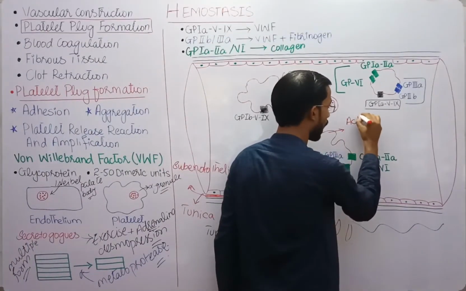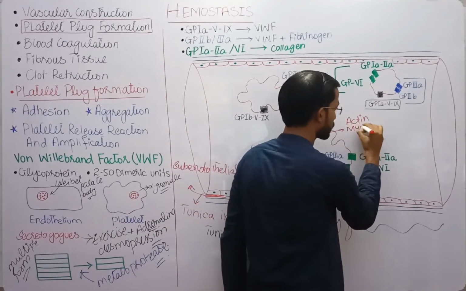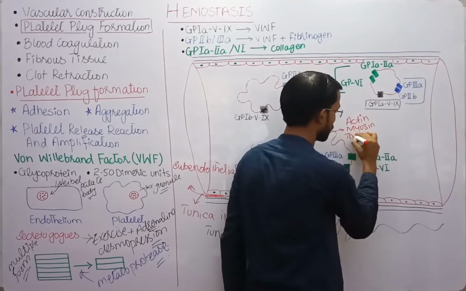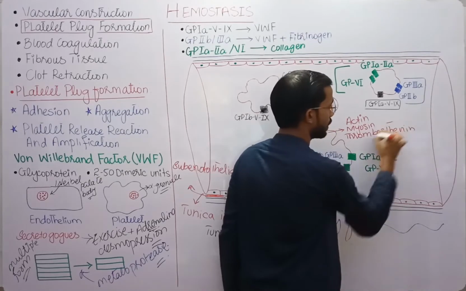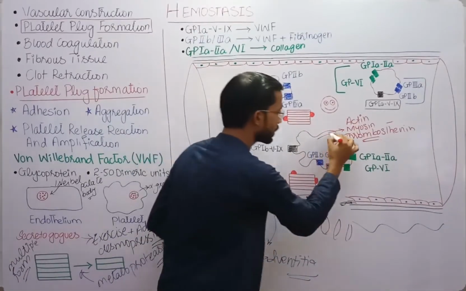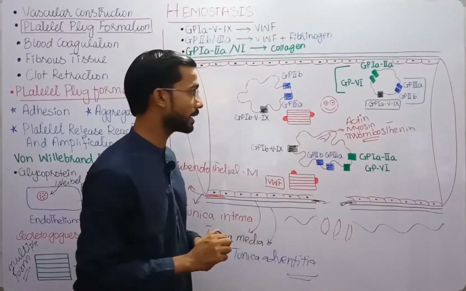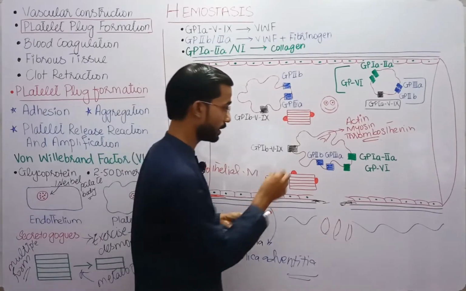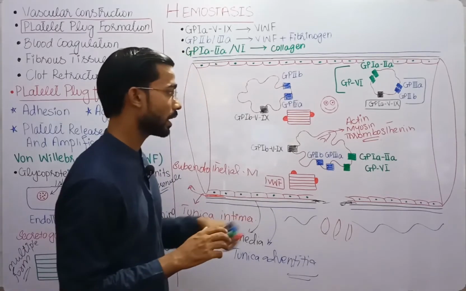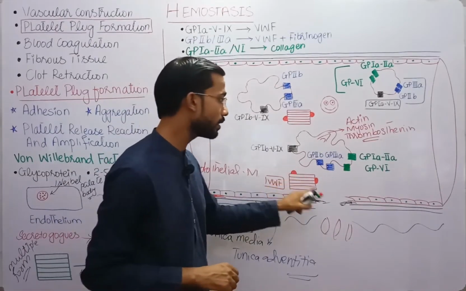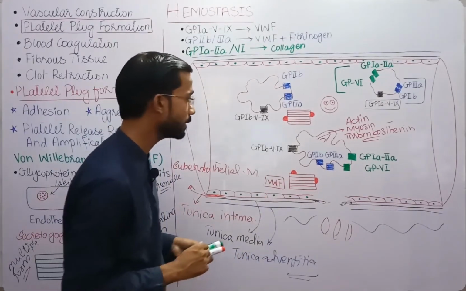These proteins are actin, myosin, thrombosthenin. These proteins present in the platelets contract and change the shape of the platelets, right? This platelet has affinity for the attachment of von Willebrand factor or collagen which is exposed to the membrane, right?